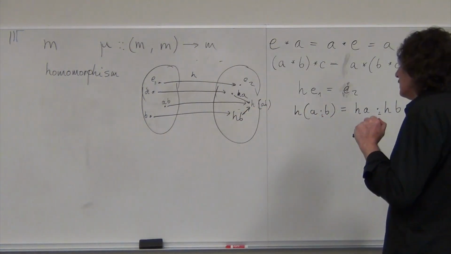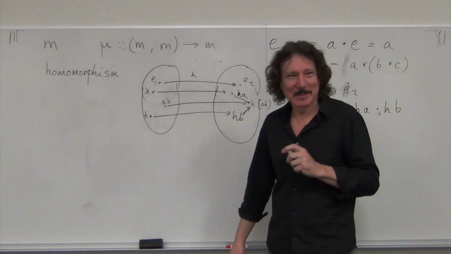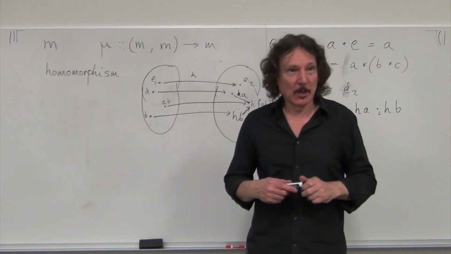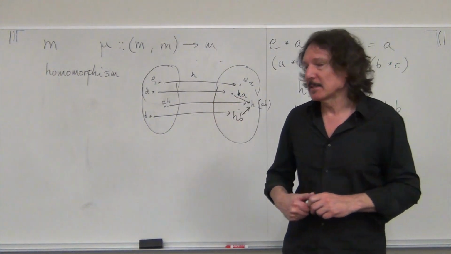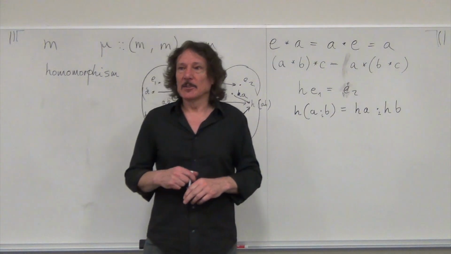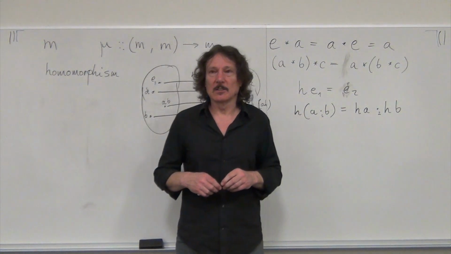So, the category of monoids. Sorry, monoids. The category of monoids with these homomorphisms as morphisms. Is this really a category? I haven't shown you that this is a category.